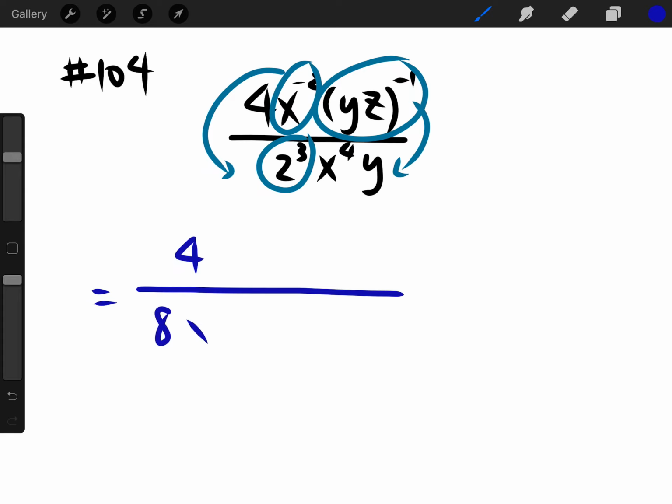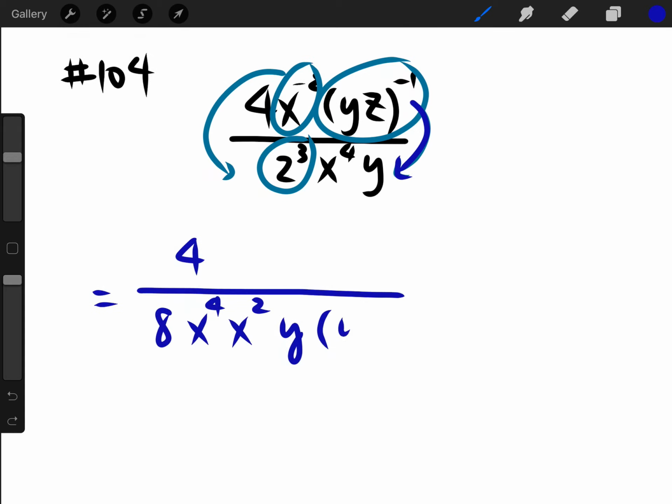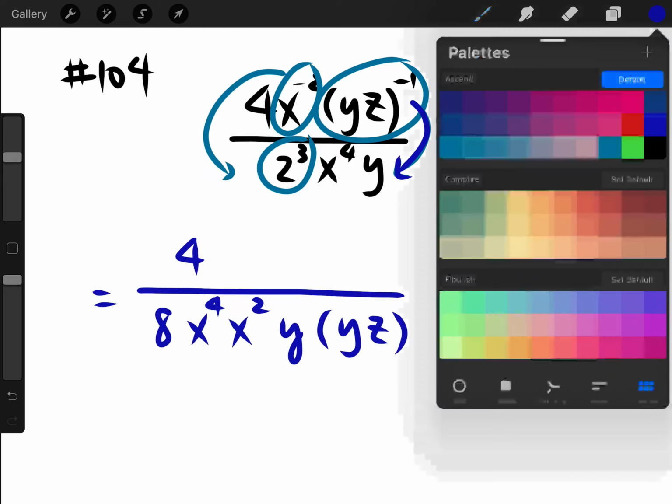I had x to the 4th power, and I brought down the x to the negative 2, so it's going to be x to the positive 2. And then I have this y, and I brought this down, so it's going to be y z. Y times z. Now we can just combine all the like terms.